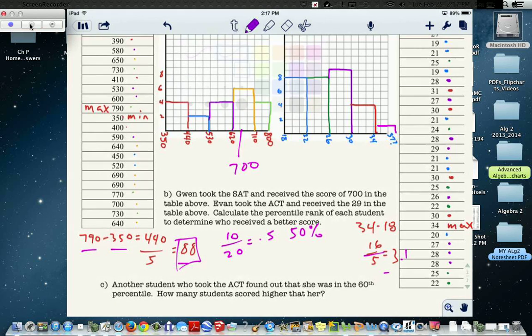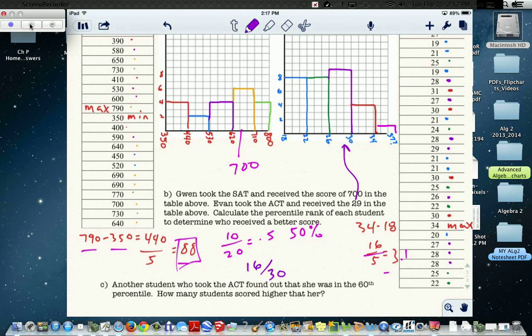Now I could order these from small to big and probably make a little closer number, but we're just going to use what we're given. And the 29 would be about right there in that bin. So there are a few people in that bin, but for the most part there are 16 people below Evan out of 30.